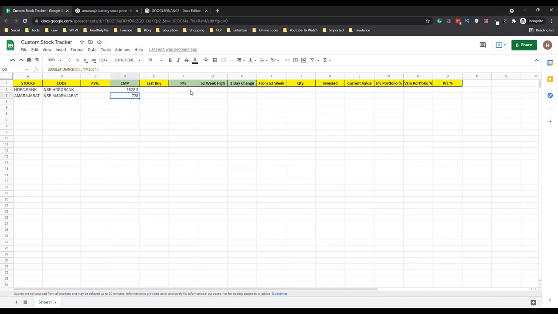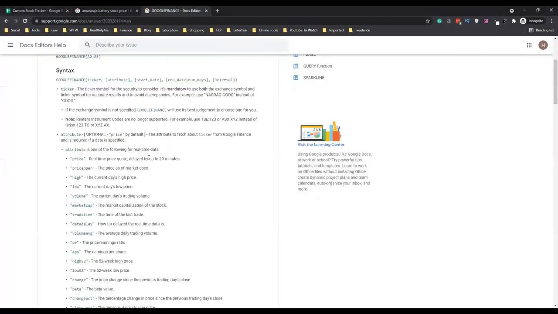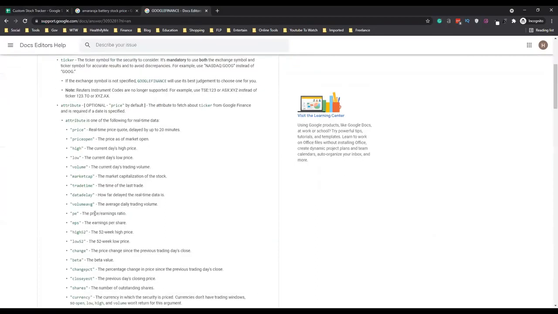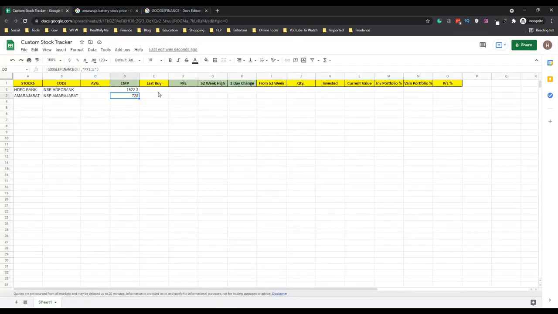Now the second thing which we want from Google Finance is the P/E ratio. So let's see if we have something for P/E ratio. Yeah, if you see the functions over here, like the price earning ratio, we can use this attribute. So we will use GOOGLEFINANCE, and the code again.